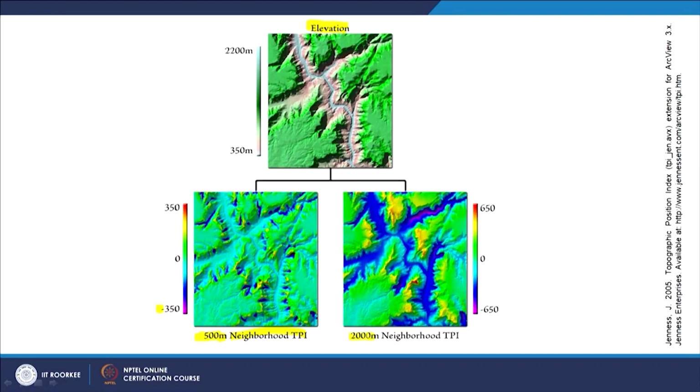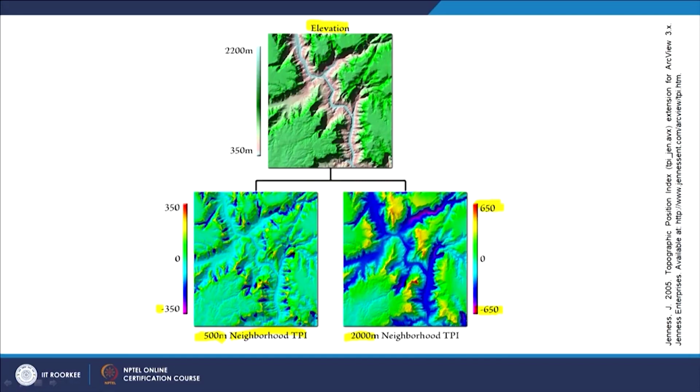But when the spatial resolution is 2000 meters, I am seeing many hilltop areas very easily, and large valley bottoms are also there, and TPI values are also very large. What we conclude here is that the coarser the spatial resolution, the higher the TPI value can be, or the larger the variation between the minimum and maximum values, like here minus 650 to plus 650.